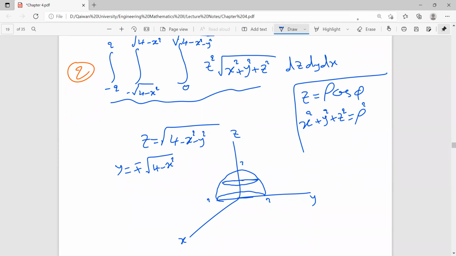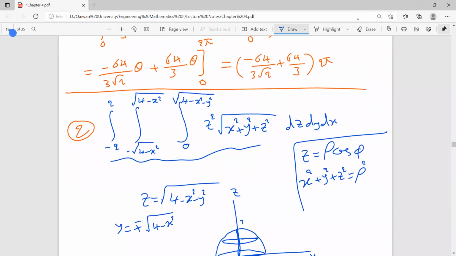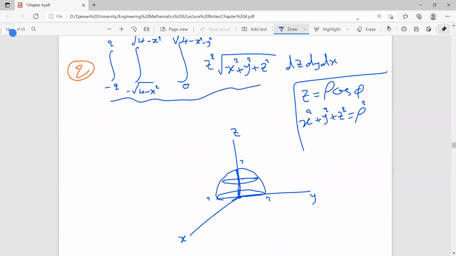On this sphere, we say x is from 0 to 2, y from 0 to 2, and z from 0 to 2. Okay, and now we should find the limits for rho, for phi, and for theta. For rho, as you see here, it starts from the origin.